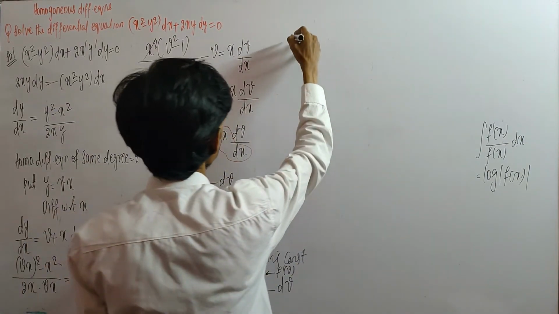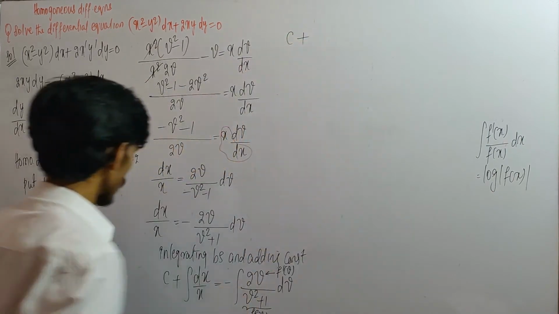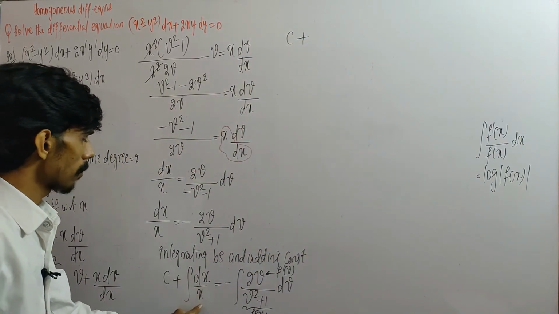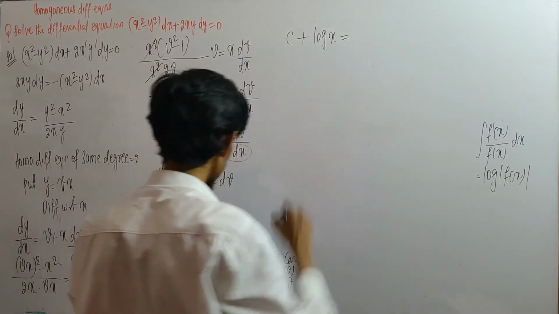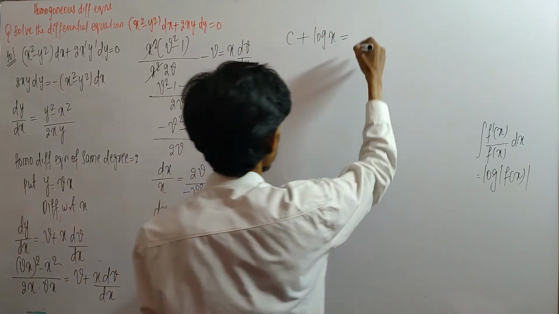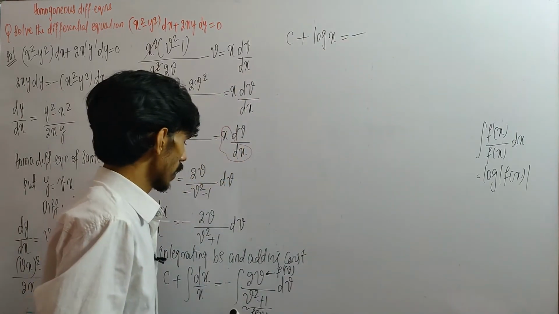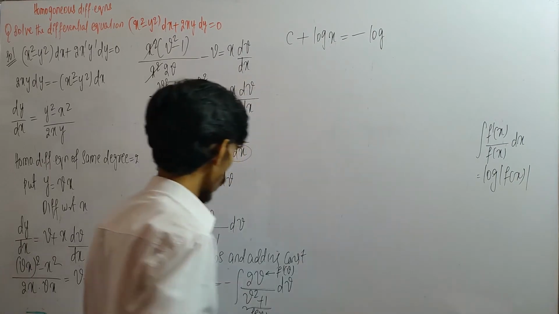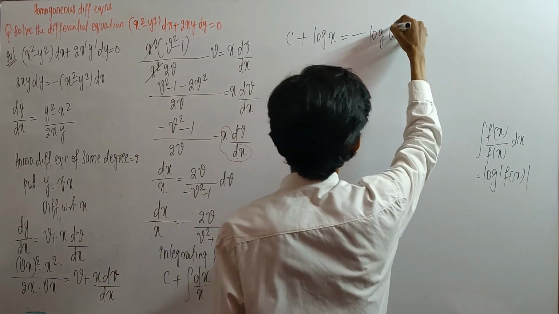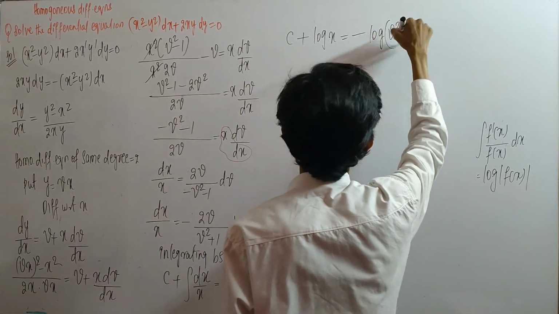So this will become c plus integration dx by x value is log x is equal to minus, this complete will become log of denominator, that is v square plus 1.